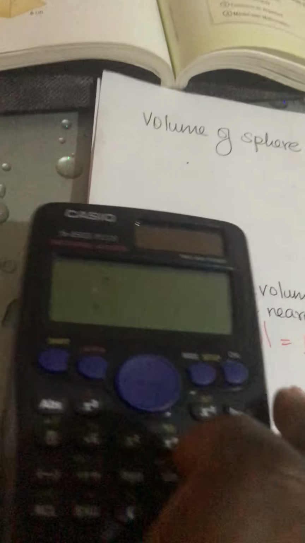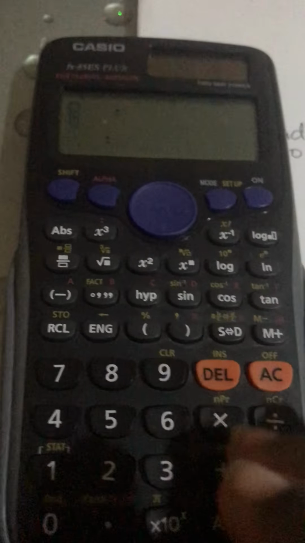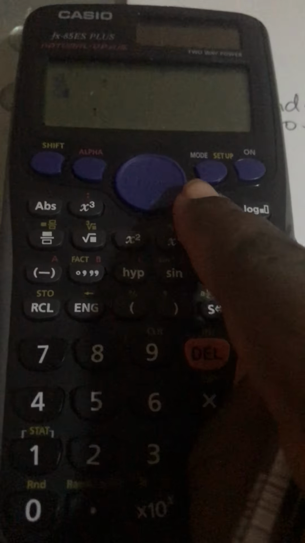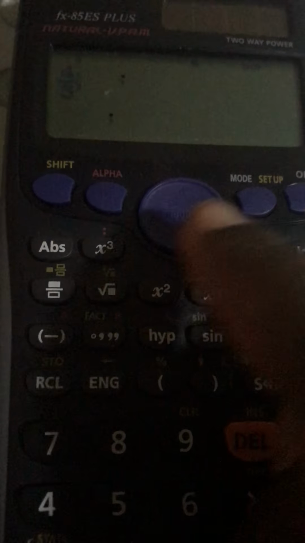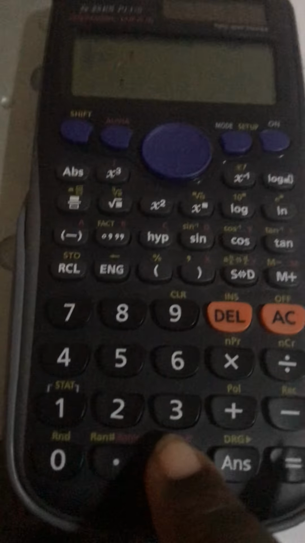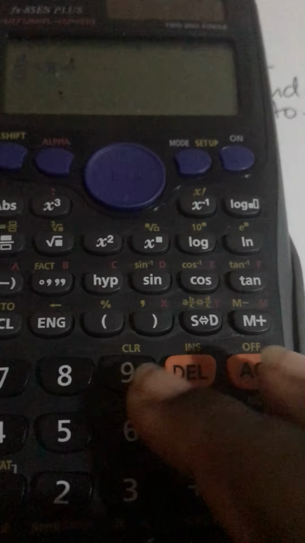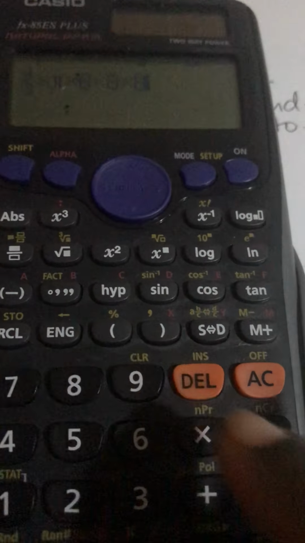Then you take your calculator, and you start. Fraction 4/3 times shift pi times 8 times 8 times 8.